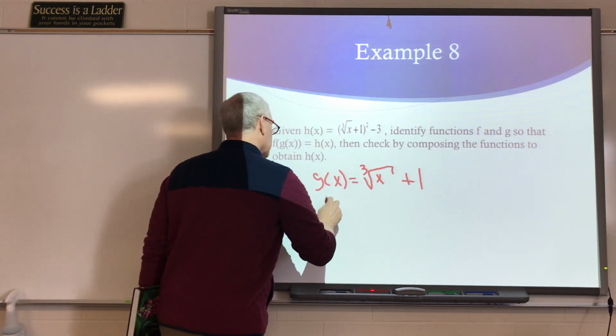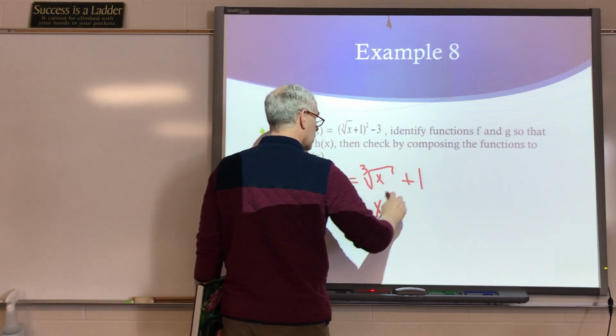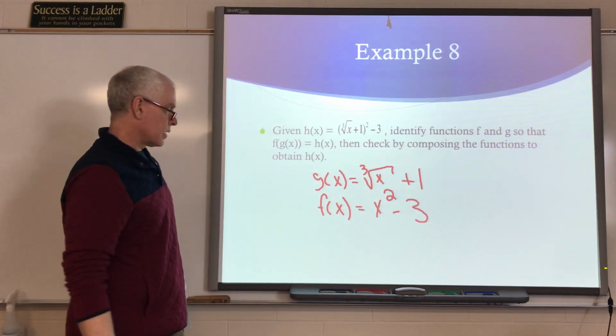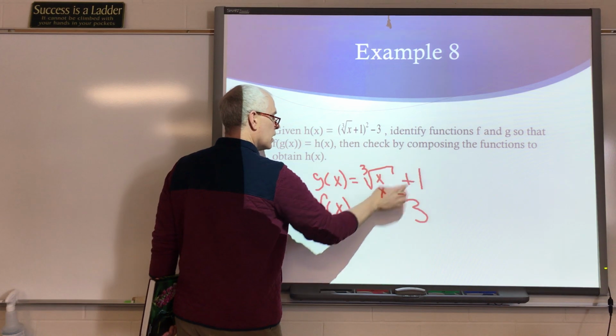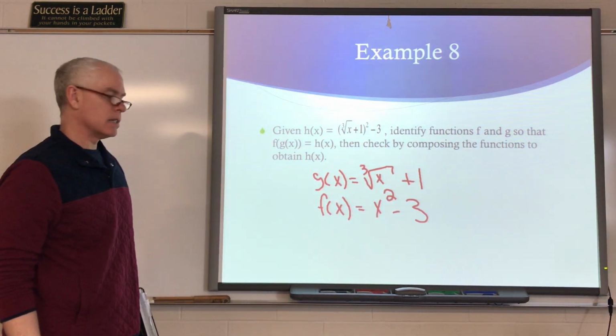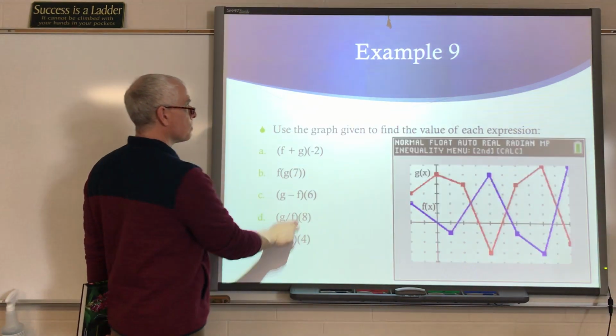And then f of x is going to be that something squared minus 3. Then h of x, f of g of x, is going to be taking and replacing that x with this. So I'm going to get what I started with. That's, I think, the easiest way to handle that. And they walk you through that in the book as well. I don't want to spend a lot of time on that one.